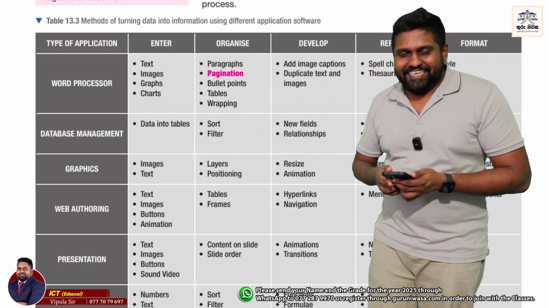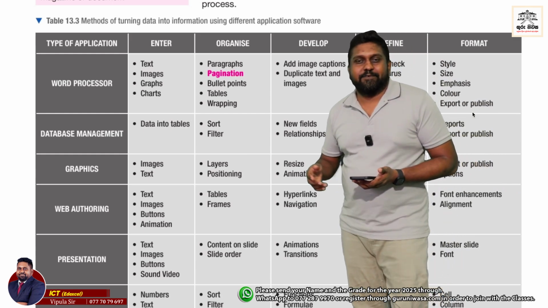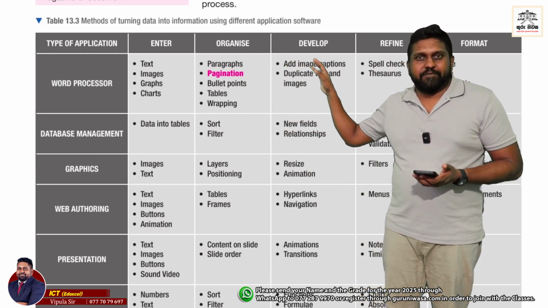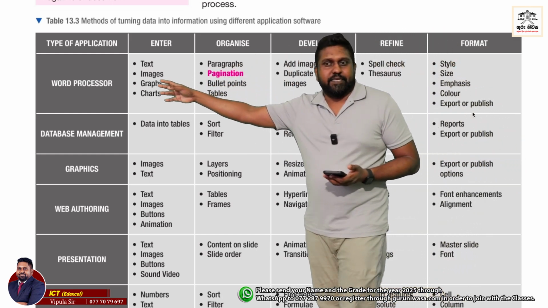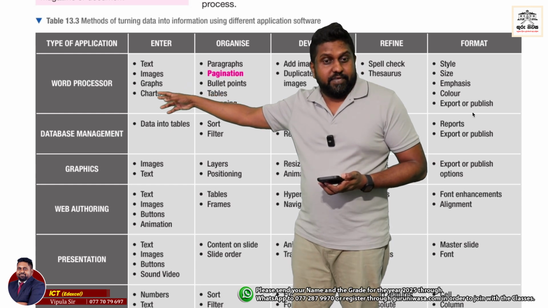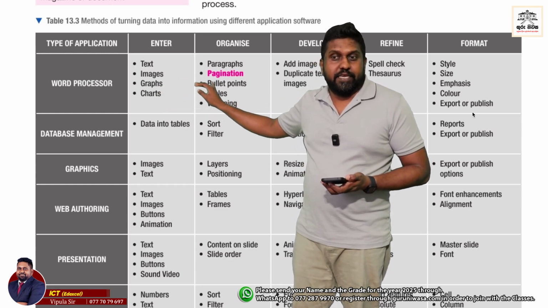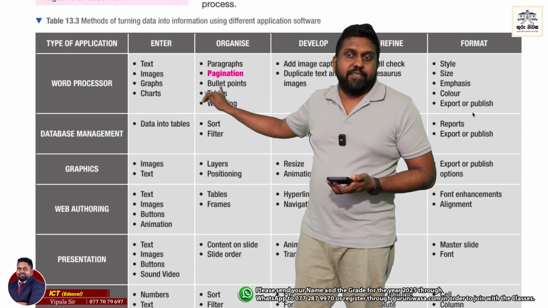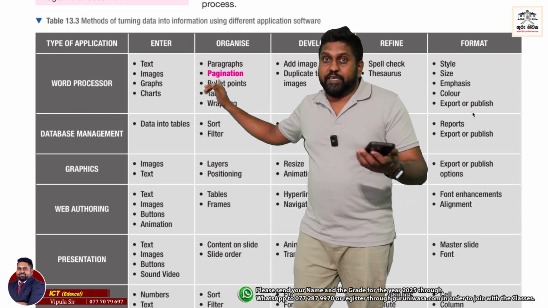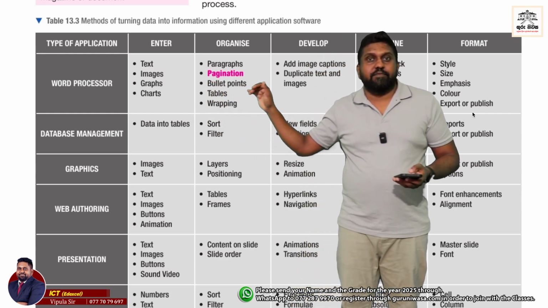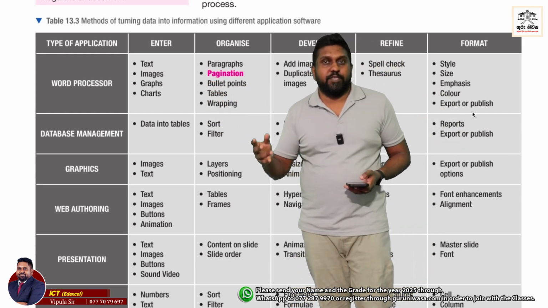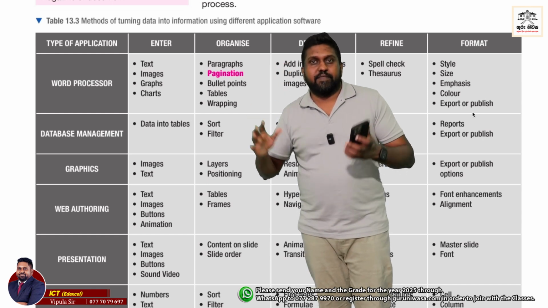But remember the points because you still get some questions here and there about this. So okay, word processor, as we understood the type of content. You enter text, images, graphs and charts, and you get the organization tools, right? These are the basic tools which you will be using to organize the structure.